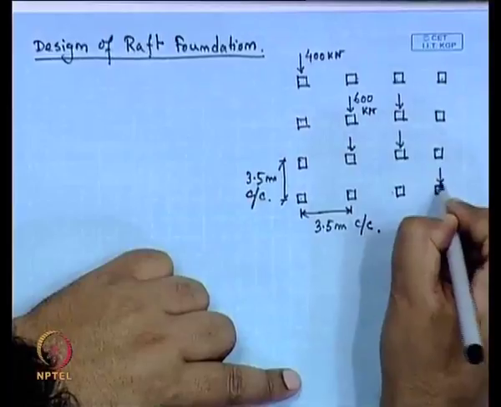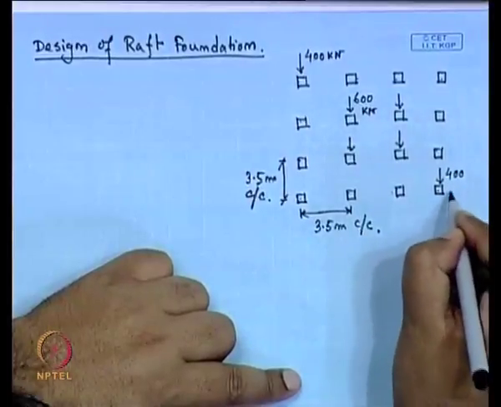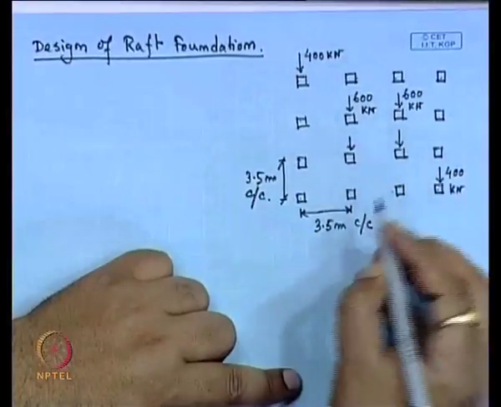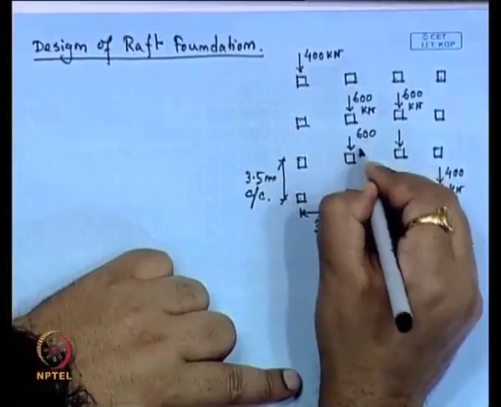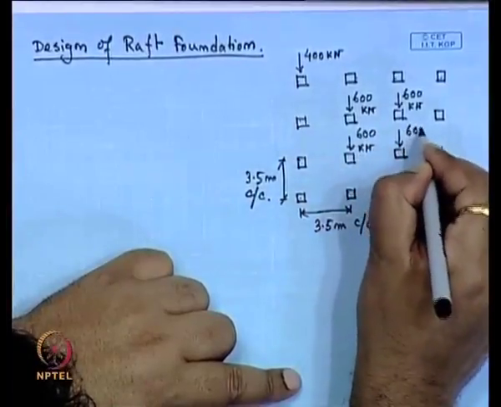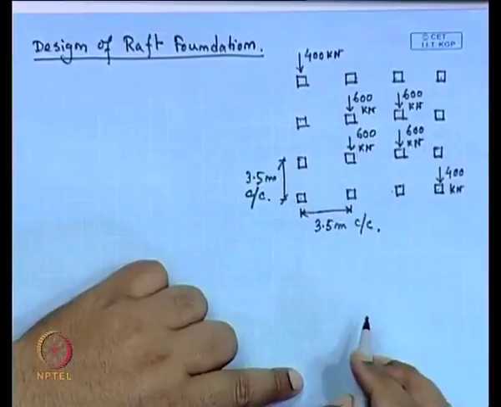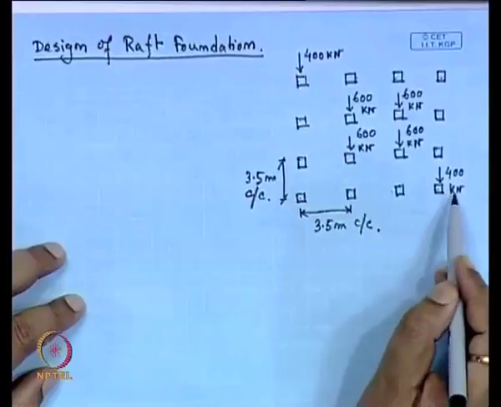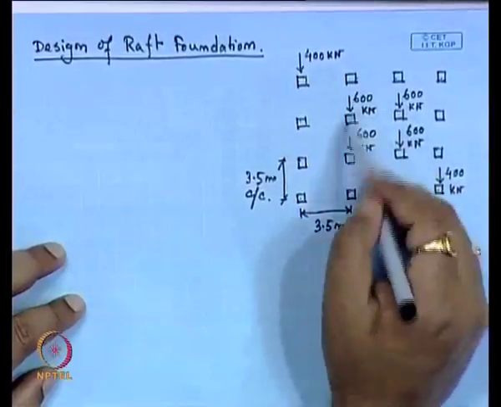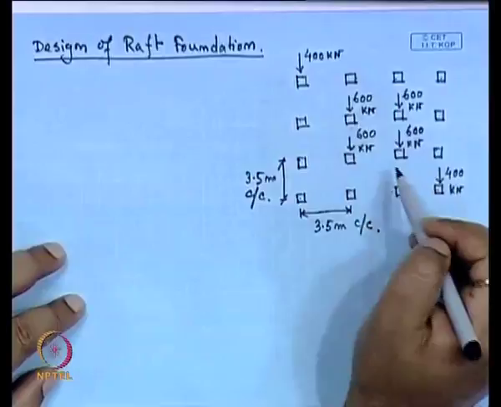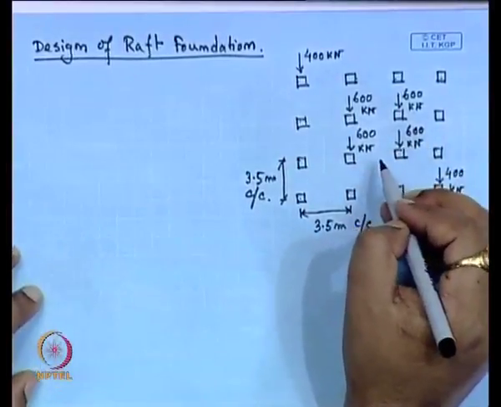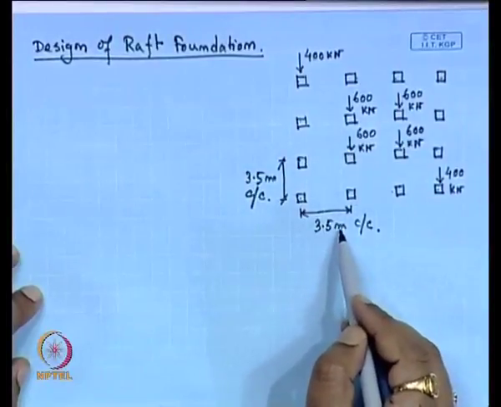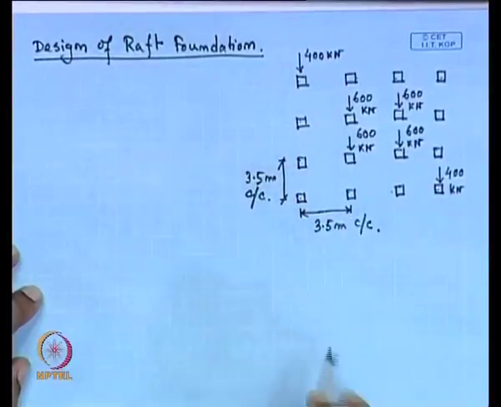So, the 12 columns are subjected to 400 kilonewton load each, and the 4 inside or internal columns are subjected to 600 kilonewton load each, and the center to center distance for the columns is 3.5 meter in both y and x directions.